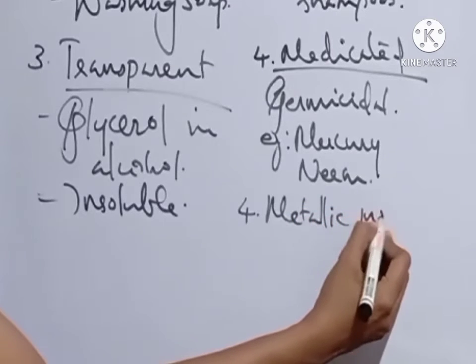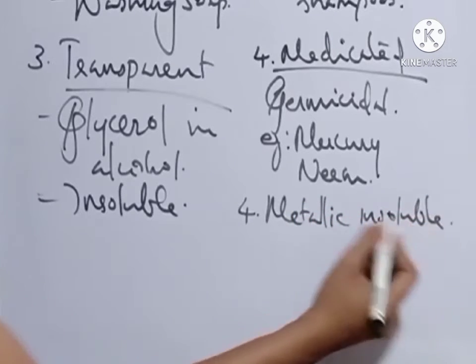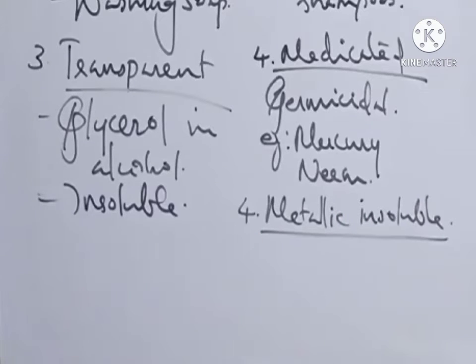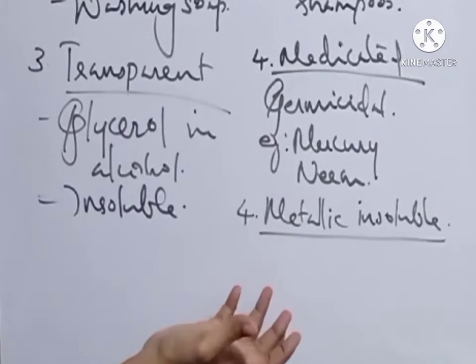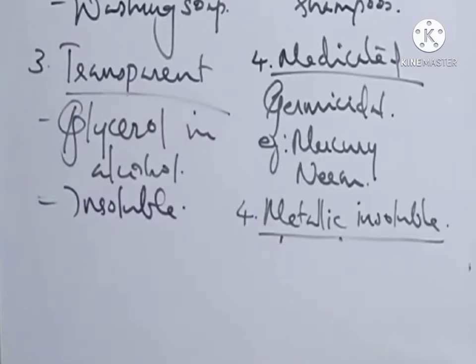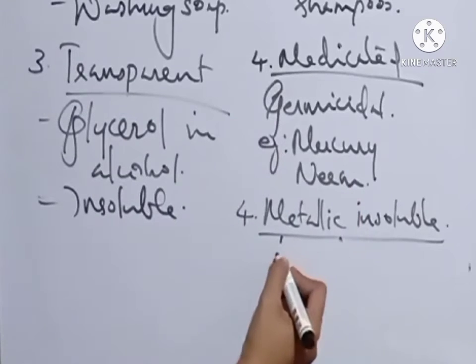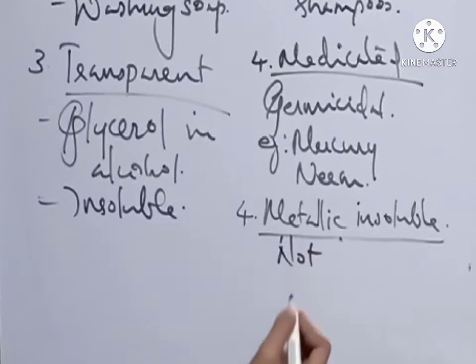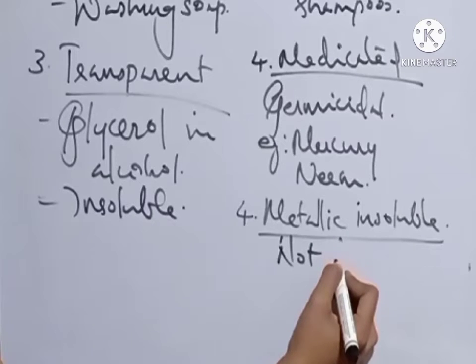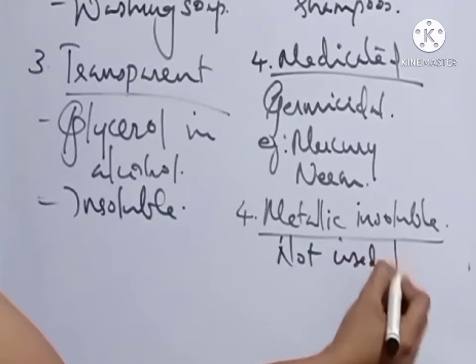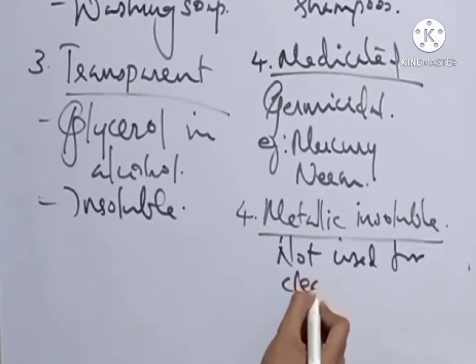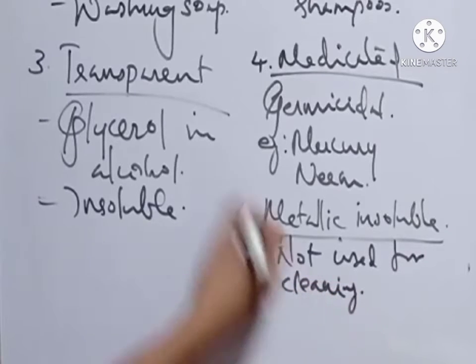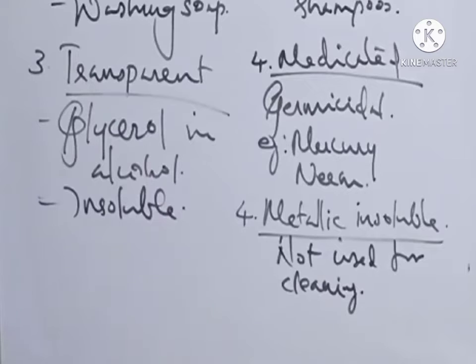Metallic insoluble soap is different from ordinary soap, and the purpose of these soaps is entirely different. These are not used for cleaning purpose. Their purpose is a little bit different from ordinary soap.